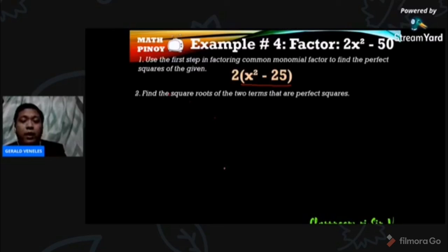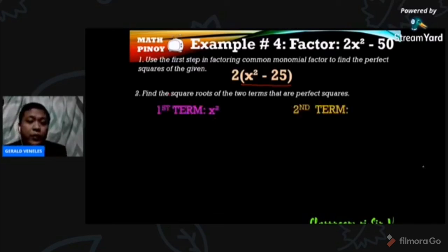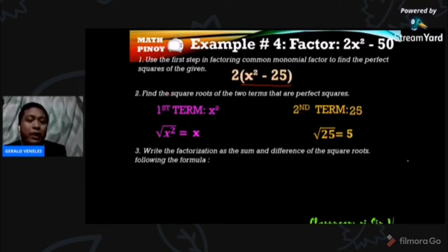Ito po yung hahanapin natin niya, yung x squared minus 25. So, square root of x squared, our first term is x. Tama. Square root of second term is 5. Tama. And then, write the factorizations as the sum and difference of the square roots, di ba? Following this formula.